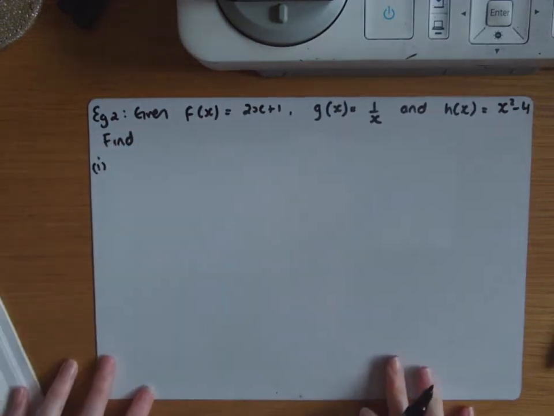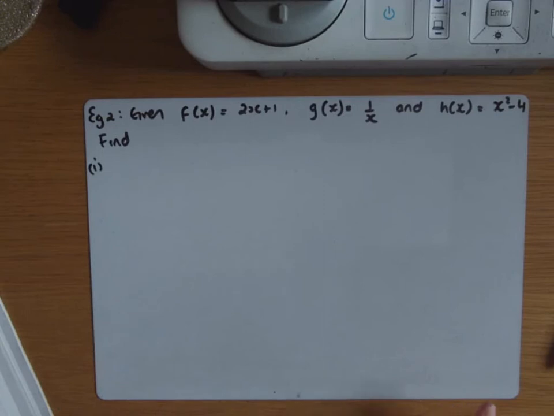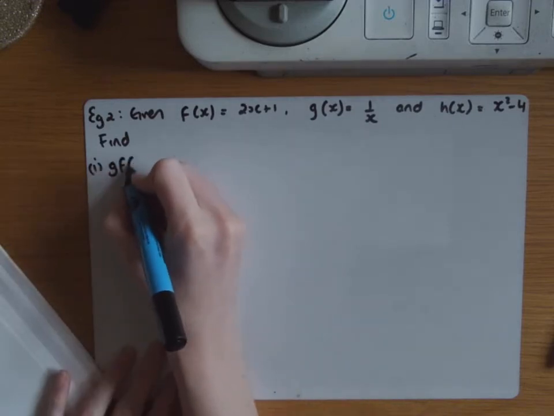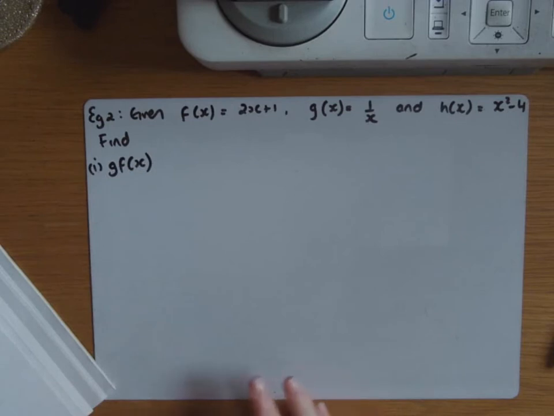Okay, so given that f of x is 2x plus 1, g of x is 1 over x, and h of x is x squared minus 4. So, first of all, find g after f of x, or g of f of x.